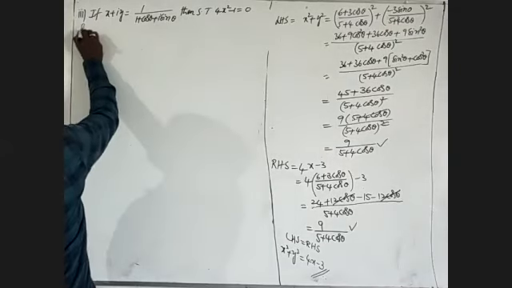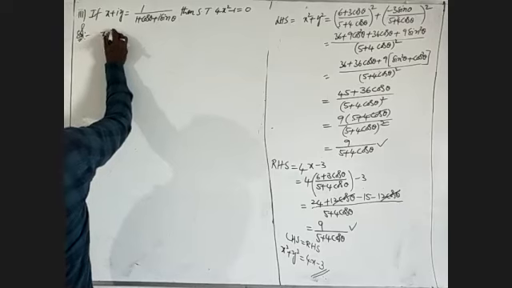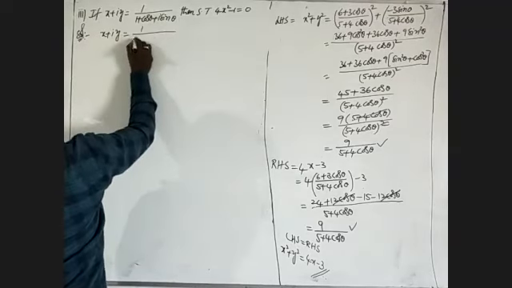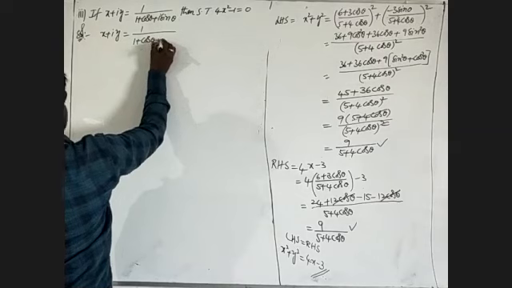We observe that x plus iy is equal to 1 by 1 plus cos theta plus i sin theta.